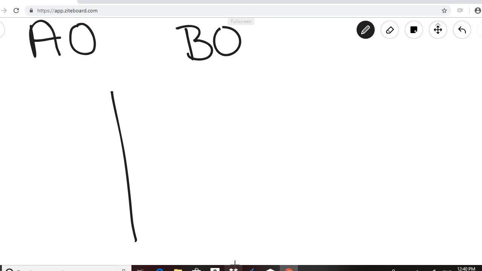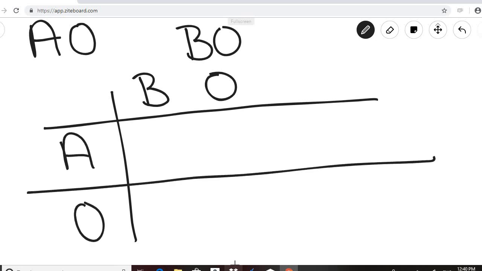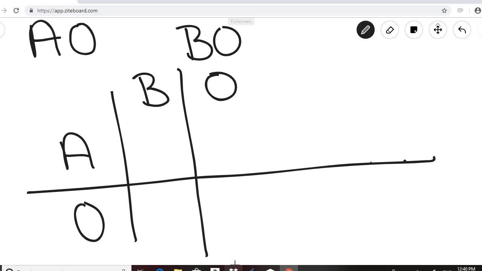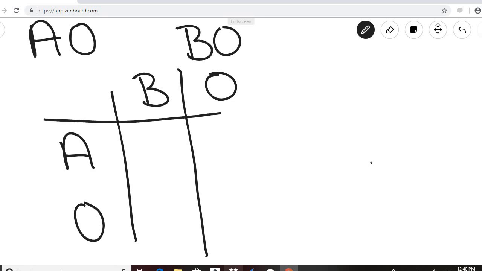Okay, so we're going to put the B and the O across the top, and we'll put the A and the O across the side, and then we draw our Punnett square. And then we can look at the offspring.